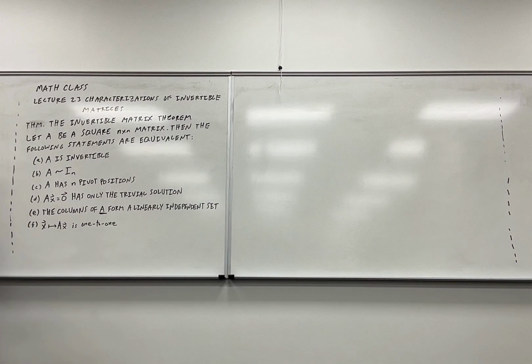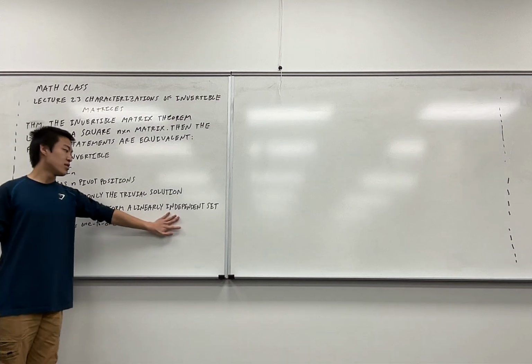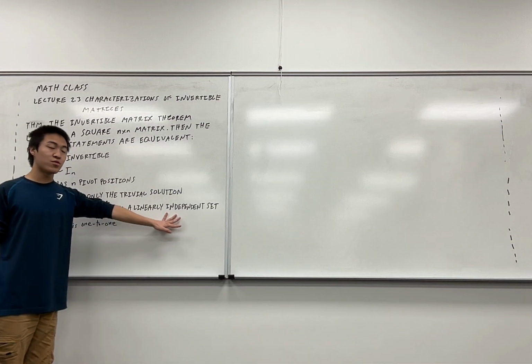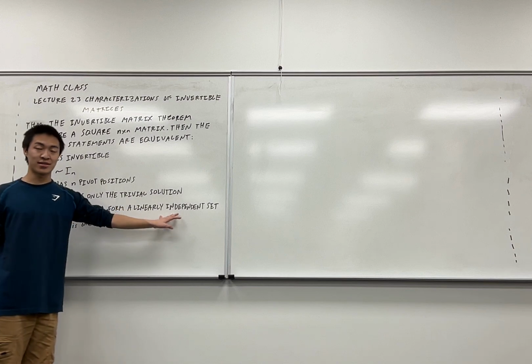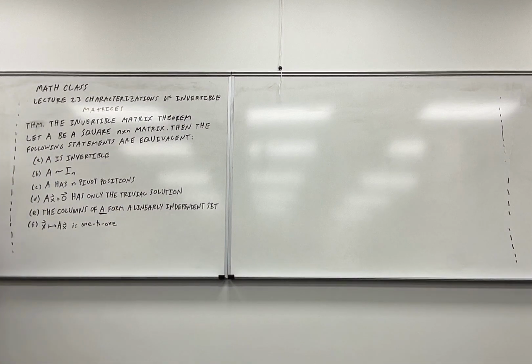Probably a dumb question, but what does linearly independent mean? Okay. Go back in your notes to when you wrote down the definition of what it means for a set of vectors to be linearly independent. Part of that definition was saying that the vector equation, if we wrote it as a homogeneous equation, only has the trivial solution.